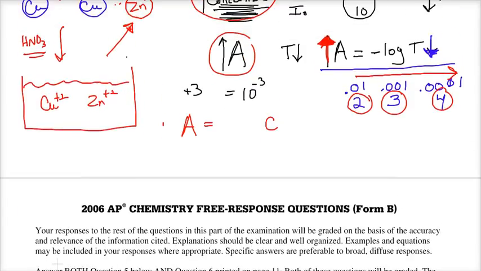So we say A is equal to b times c. Now b is 1 centimeter, c is the molarity, and then we have some constant called the molar absorptivity constant that we would have to use. This is a formula given to us in our reference table that can help us.